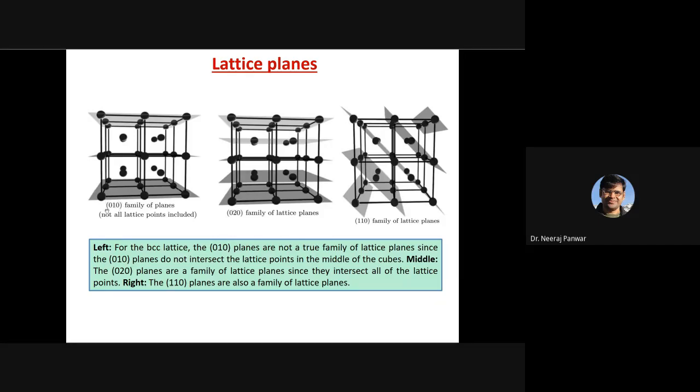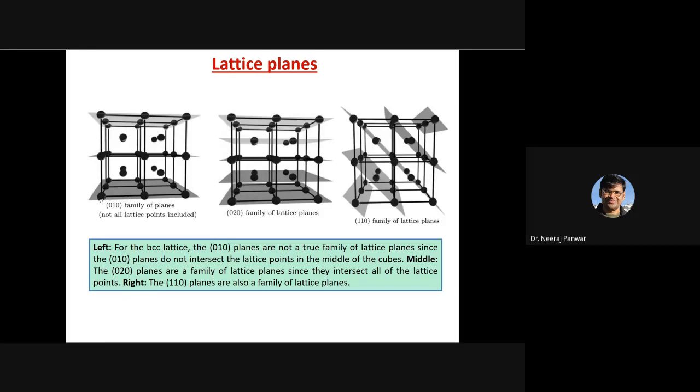It should not be inside the small bracket, but inside the curly bracket, as it has to represent the family of planes. But here it is shown in the smaller brackets. That is not the right way. It should be inside the curly bracket.